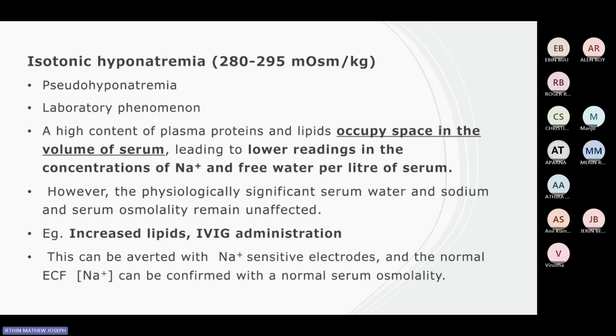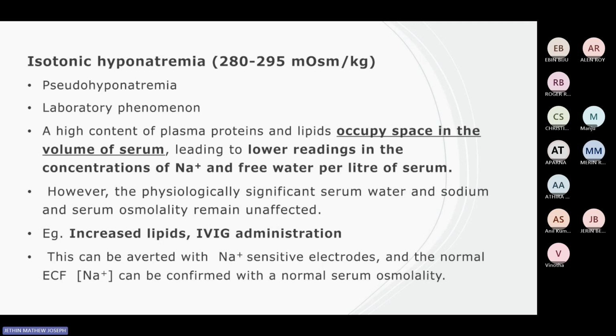Examples of such situations can be hyperlipidemia, recent IVIG administration, or multiple myeloma, where there are increased proteins in the bloodstream. Lipids and proteins occupy space in the volume of the serum. So they're going to expand the volume of the serum.